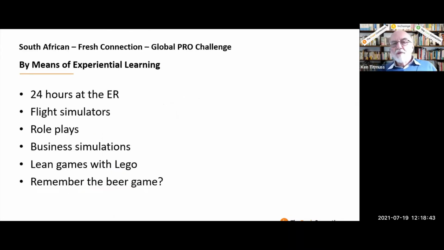So if we're learning by experiential learning, probably 24 hours in an ER department is better than sitting in a lot of lectures for doctors. Flight simulators for pilots on aircraft, role plays, business simulations like the Fresh Connection. And for many, many years, I've used Lego for teaching the lean game, as far as lean is concerned. And remember the MIT Beer Game, teaching us how the bullwhip effect happens in our supply chains.